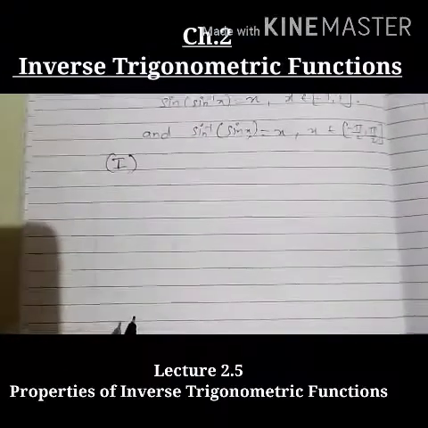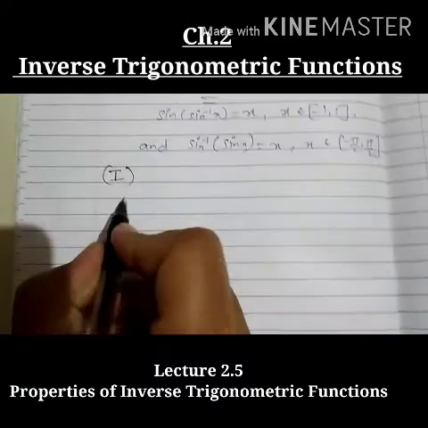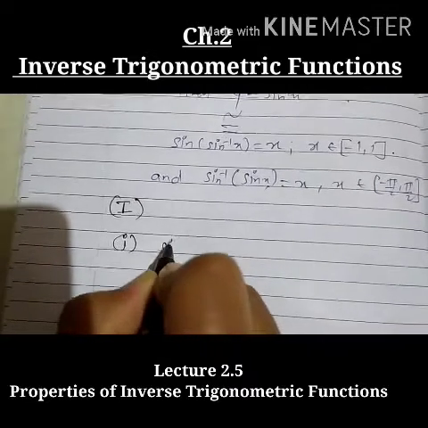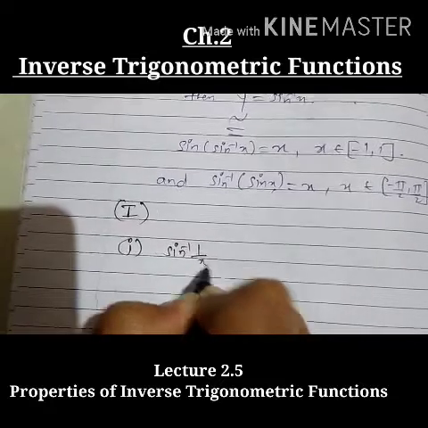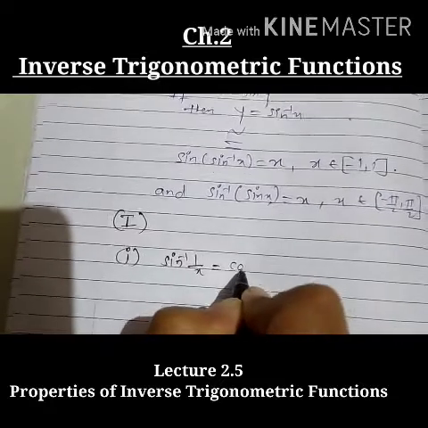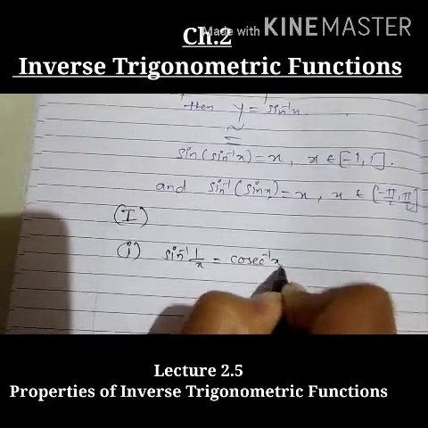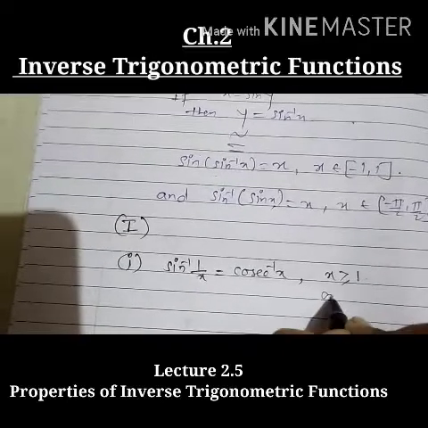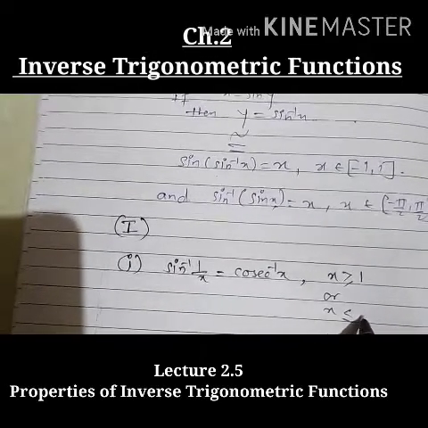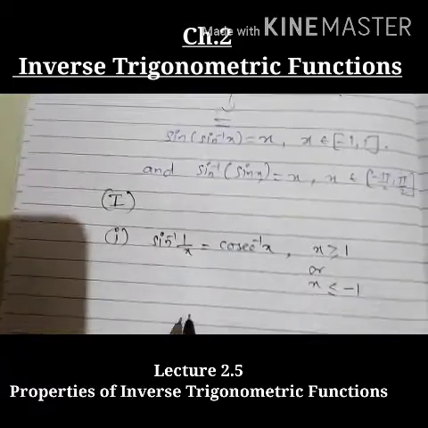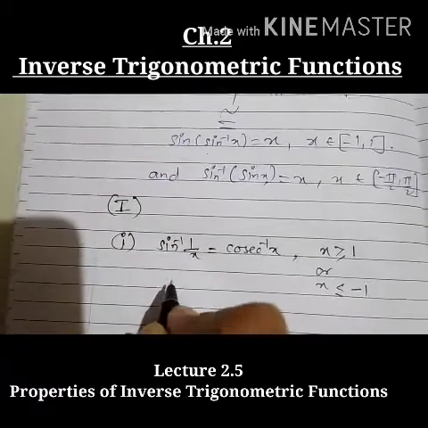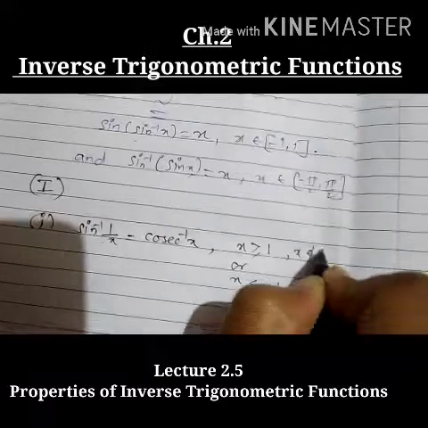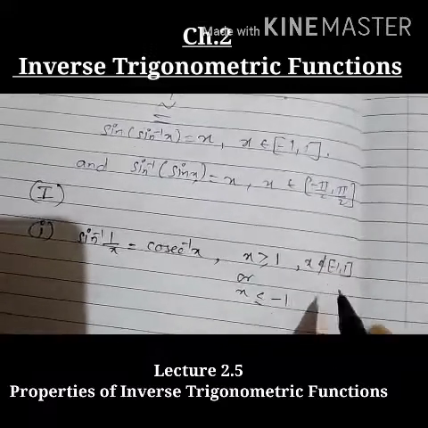Now the first one, in part first: sine inverse of 1 upon x is equal to cosec inverse of x when x is greater than or equal to 1 or x is less than or equal to -1. That means x does not belong to the closed interval -1 to 1.